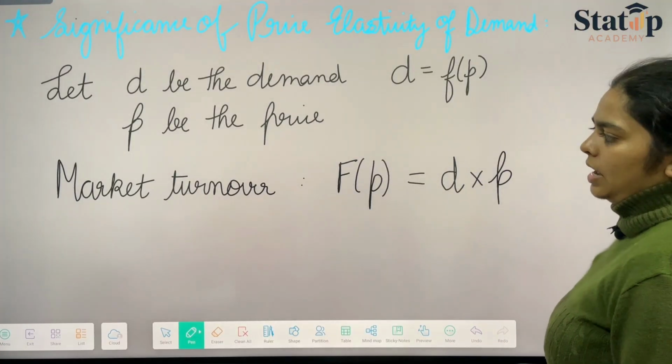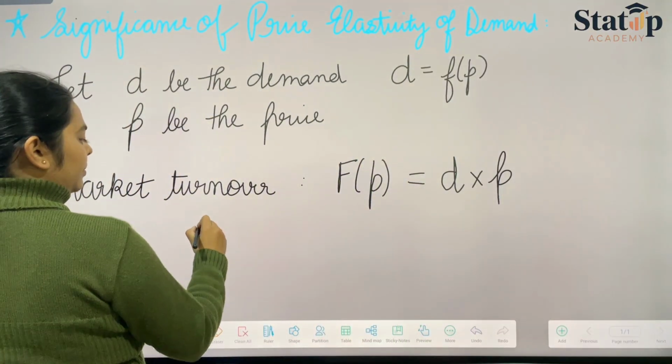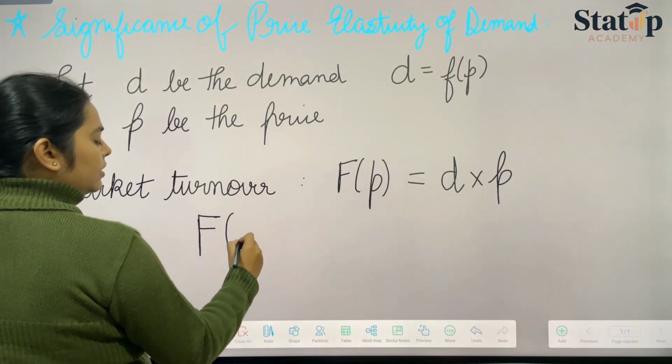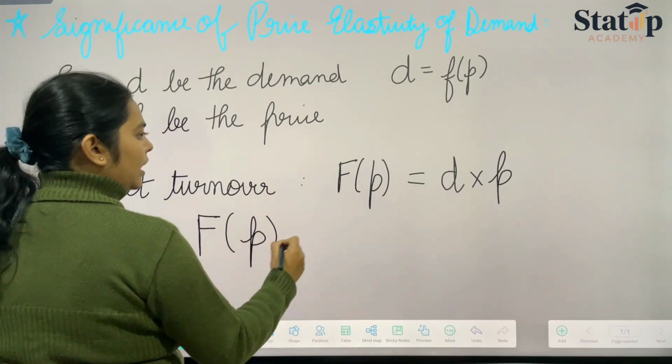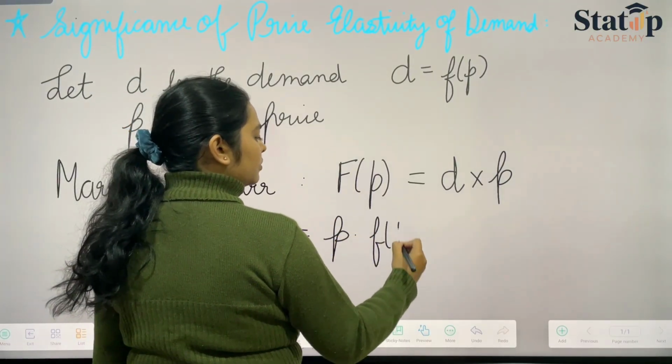So here, instead of demand, we can write f(P). So capital F(P) can be written as P into f(P).